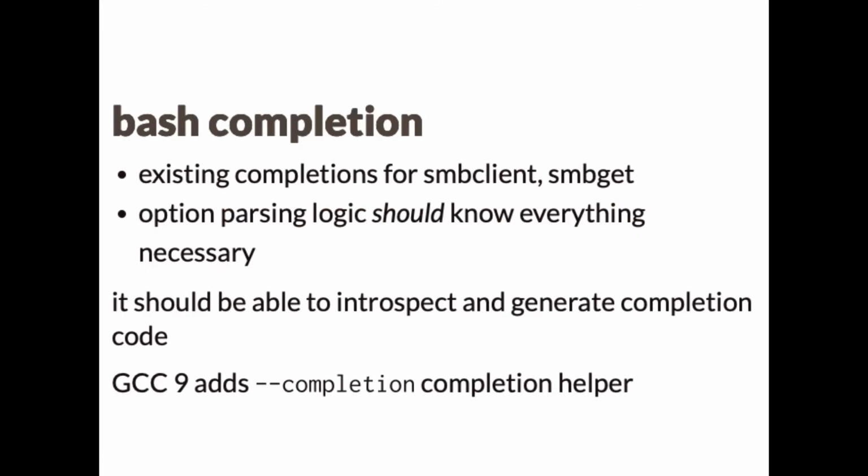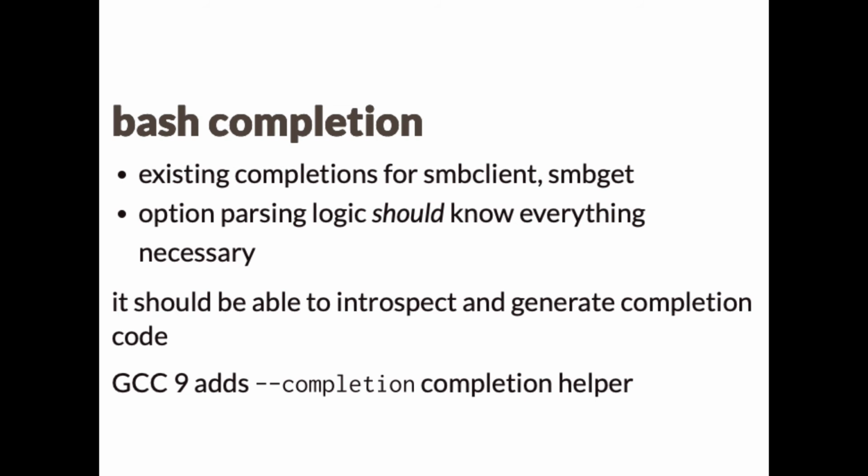Okay, good. And then you just push Y and tab, and it writes the rest of them, yes, for you, which I like that kind of thing. And the help system, the option parsing, actually knows everything that you need to know to write the bash completion file.